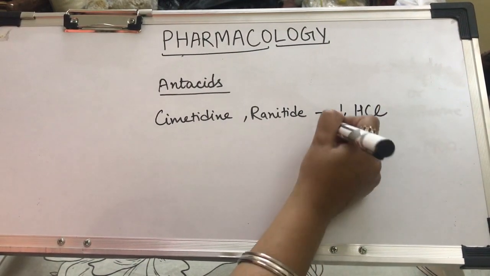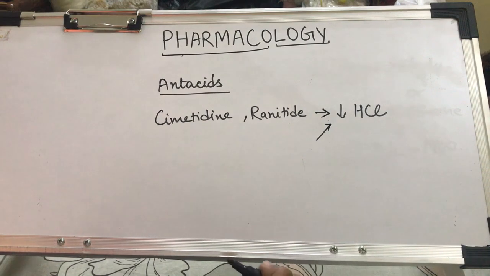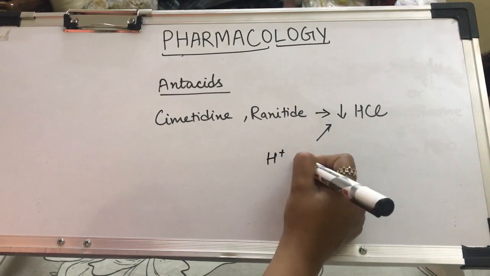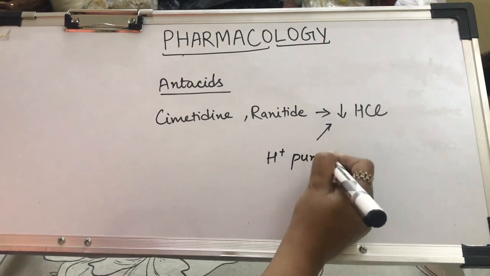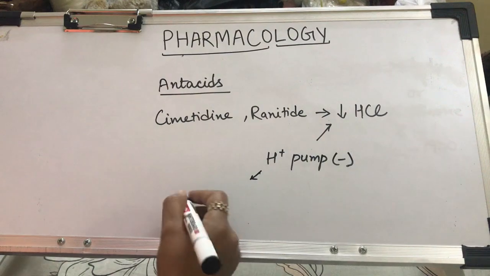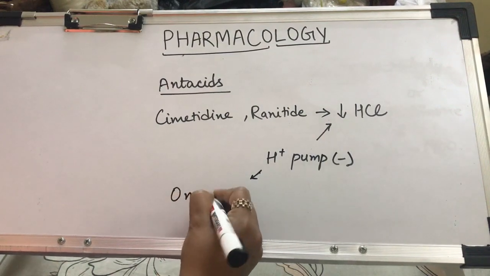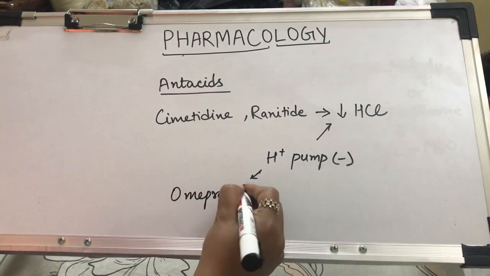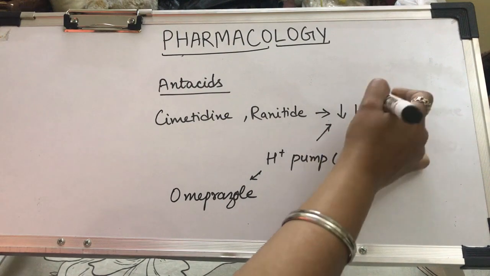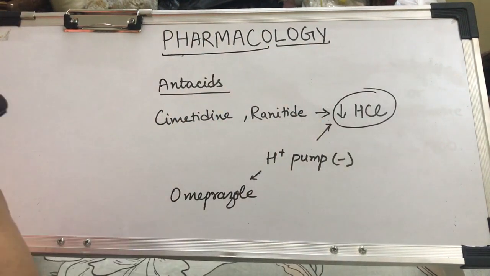Other agents which are again going to lower the HCl secretion are your proton pump inhibitors. For example, omeprazole is one example, pantoprazole is a second example. So these are going to inhibit the HCl.